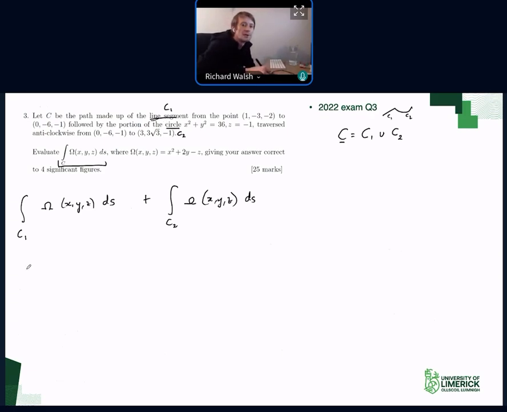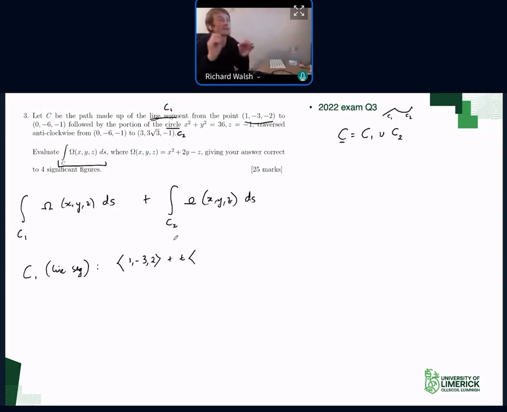So for the line C1, I'll just write line seg. Remember as well, it says line segment. So we're going to have to give start and end values for t in the parameterization. So the line segment, in vector form, is R0, which is some point on the line, I'll use (1, -3, 2), plus t times the direction.